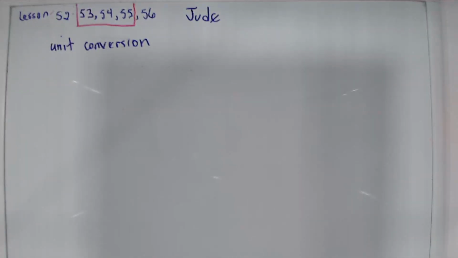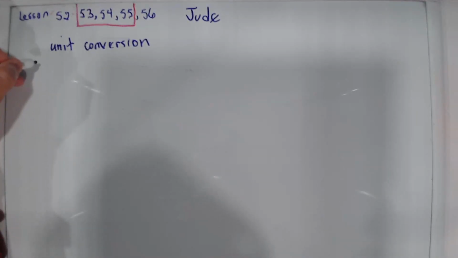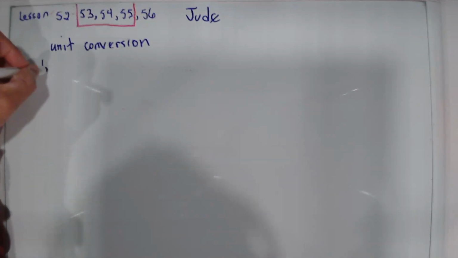All right. What we're going to do is we're going to take some units that you probably haven't heard of. We are going to use a beer barrel. There is actually a unit of volume called a beer barrel.